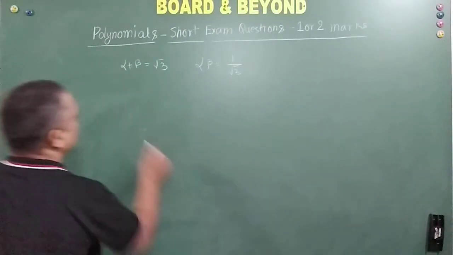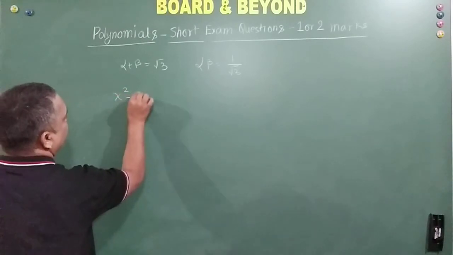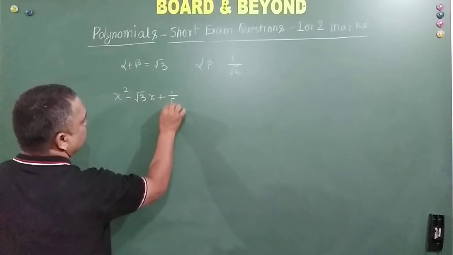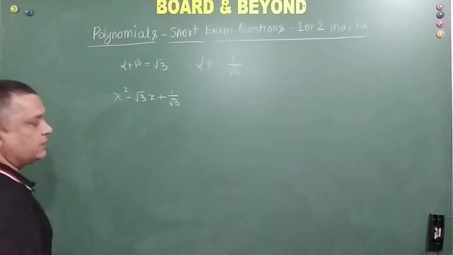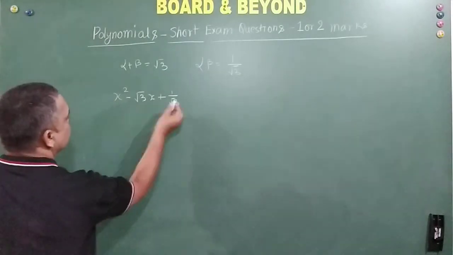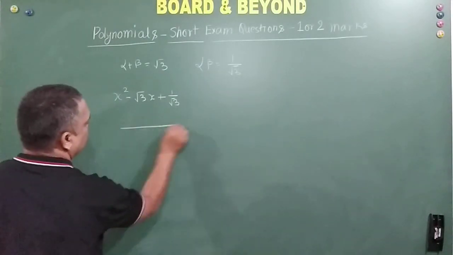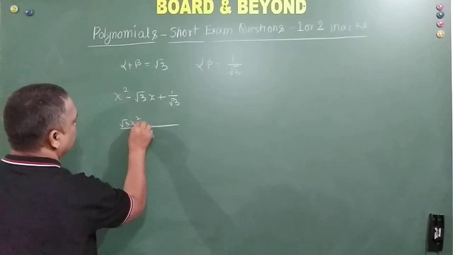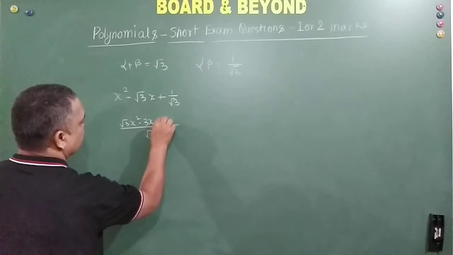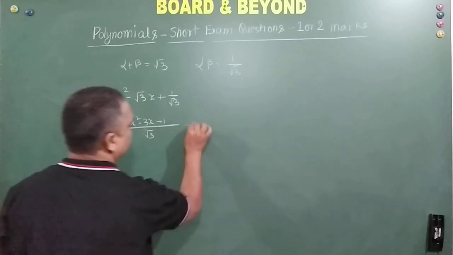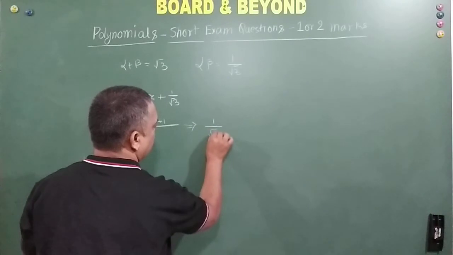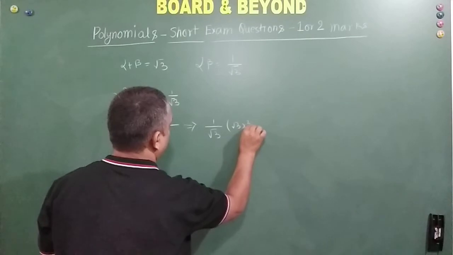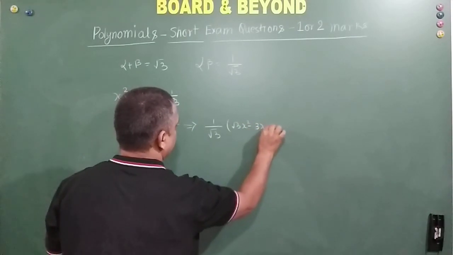So this is known to us. How do we write the general form? x square minus root 3x plus 1 by root 3. This is the general form of a quadratic polynomial. So we can take root 3 as LCM: root 3x square minus 3x plus 1.